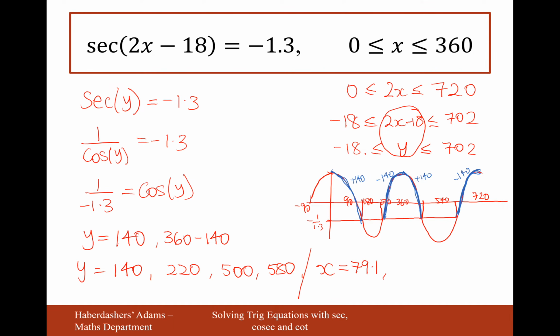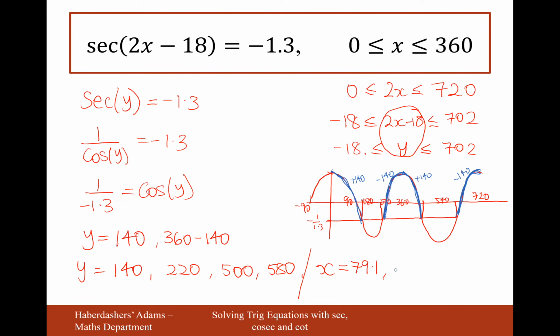The next one was this 220 solution here, and how did I get that? It was 360 minus the value a, so I'll retype that into the calculator, and I've got the actual value of 219.71151372.